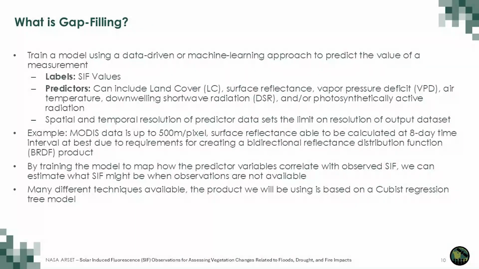These can include land cover classification, surface reflectance, or meteorological data like vapor pressure deficit, VPD, air temperature, and downwelling shortwave radiation, or DSR. That last one, DSR, is similar to photosynthetically active radiation, or PAR, in that it quantifies how much solar energy a plant can receive at a given time.